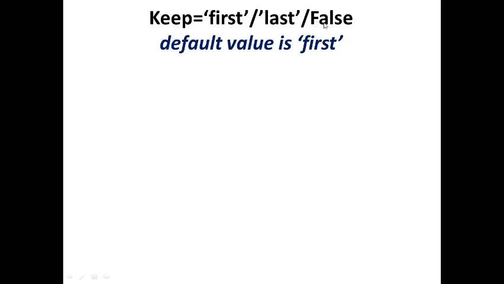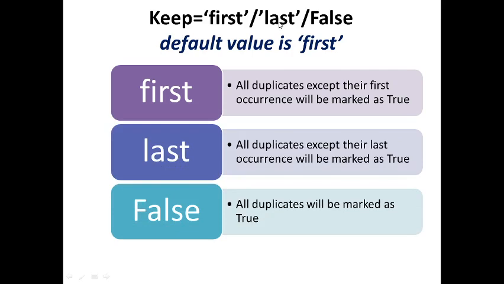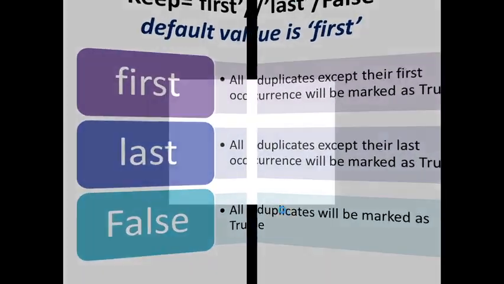And when we write false, it means all occurrence. Last means it will display all occurrence except the last one, right? So first means all duplicates except their first occurrence. Last means all duplicates except their last occurrence. And false means all duplicates, right?